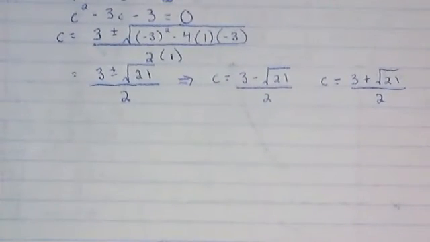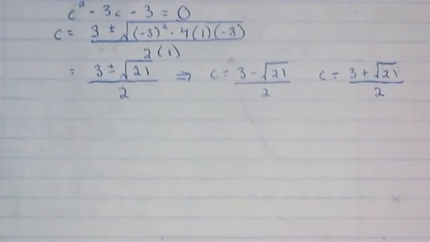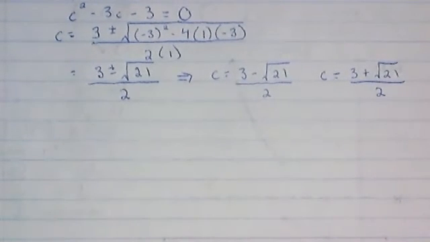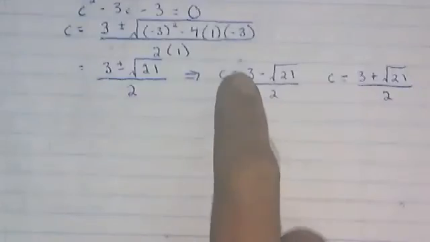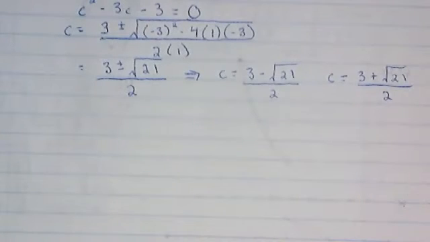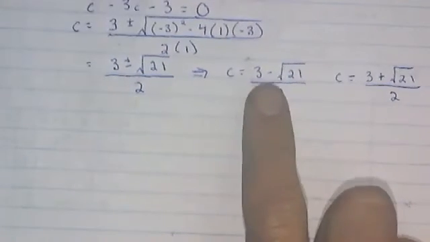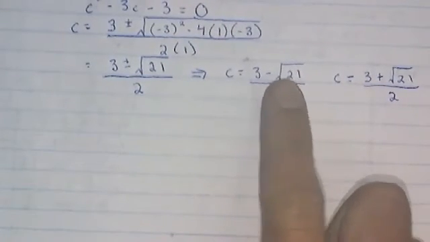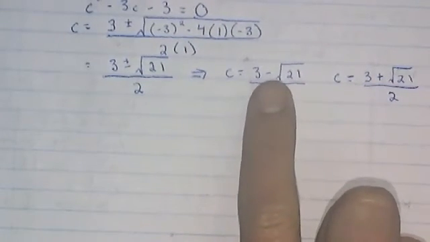But a quick little check here. And you know what? I'm going to prove that you don't need your calculator every time. I know we're slaves to the calculator, but let's just think about this. What's a rough estimate for the square root of 21? Somewhere between what two numbers? If you take 3 and you subtract some number between 4 and 5, what type of number do you get in return?